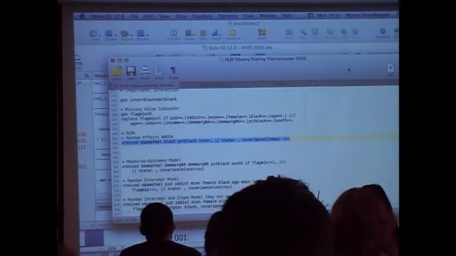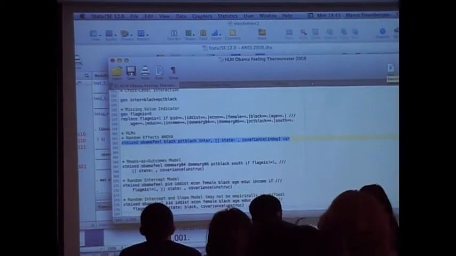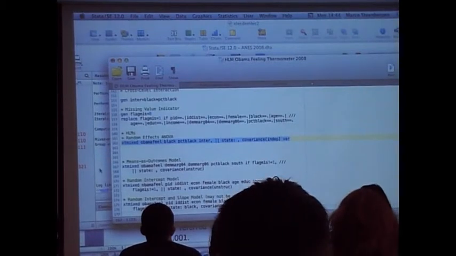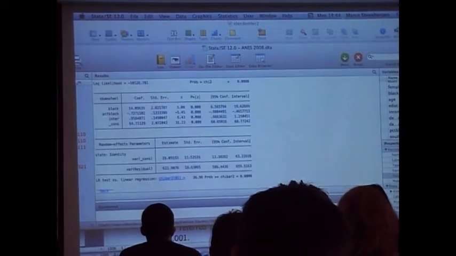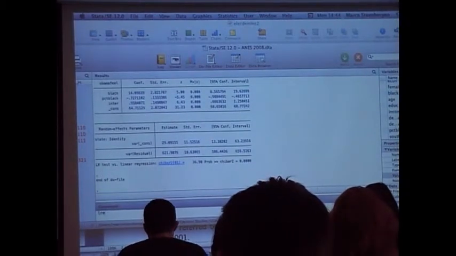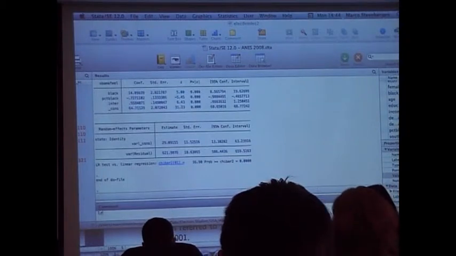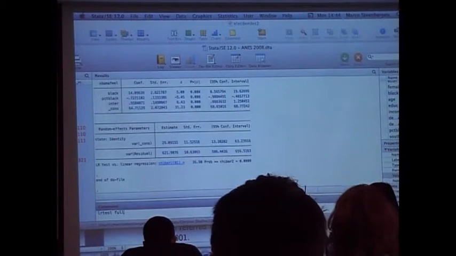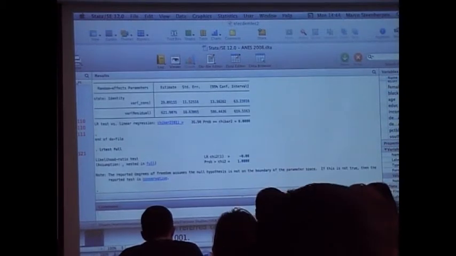So I estimated this now. So I do the whole thing again, but now I just have the variance on the intercept left. And now I do lrtest, which is the command for likelihood ratio test, and I do full.